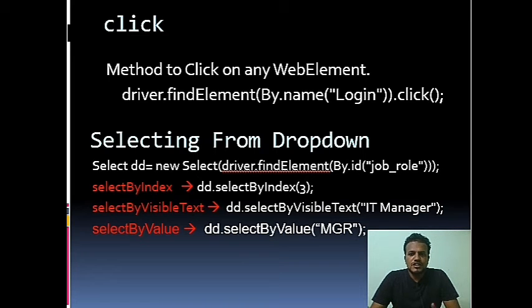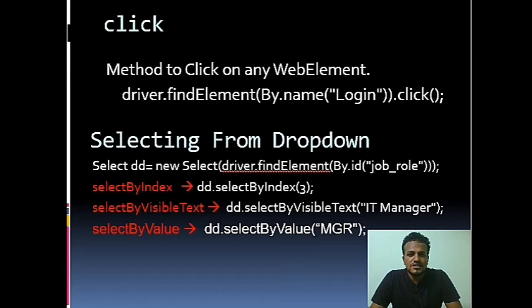Now, the last but not the least one and the most important one is to select a value from a drop down. Drop downs will have the select tag. Inside that you will have multiple options nested. To select a value from a drop down, there is a separate class implemented which is called Select. You can see it in the video, which takes the argument of a web element for the constructor.